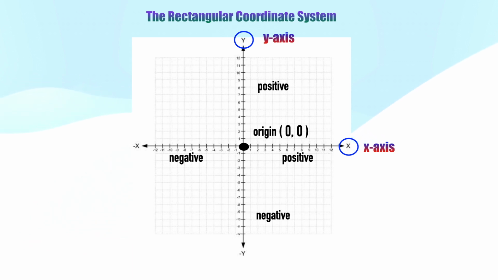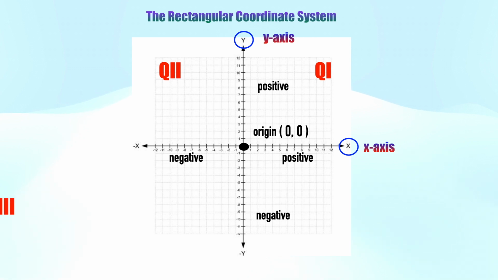Now, the rectangular coordinate system is divided into four parts. These parts are called quadrants. This is the first quadrant. Yan. The second quadrant.